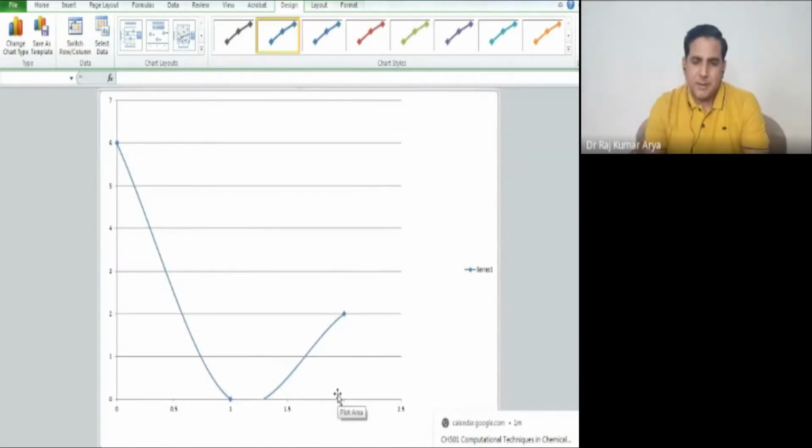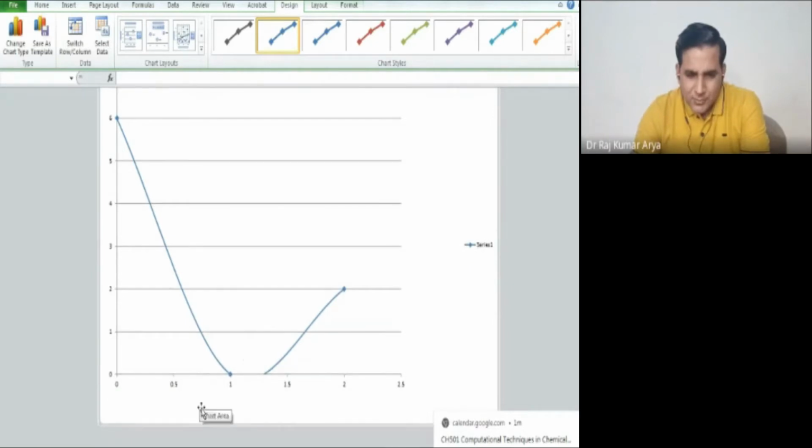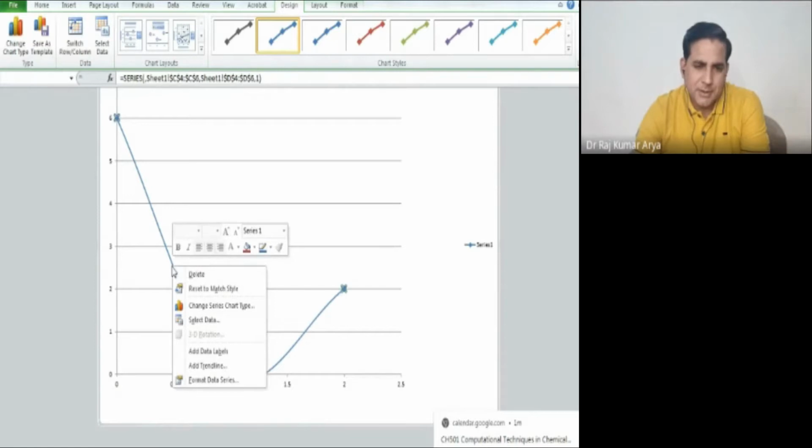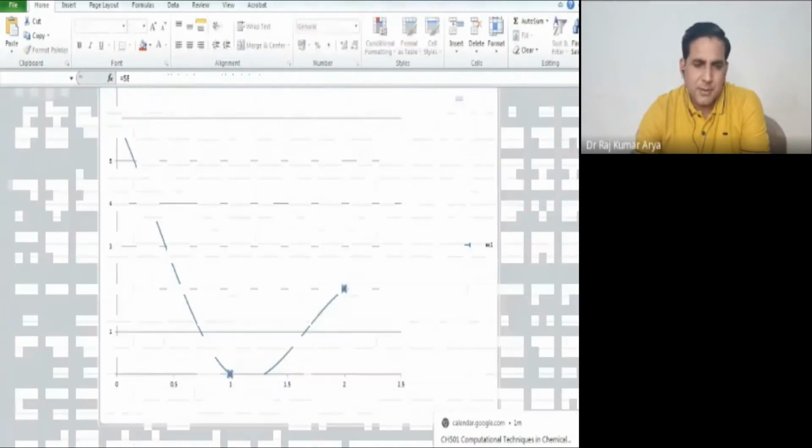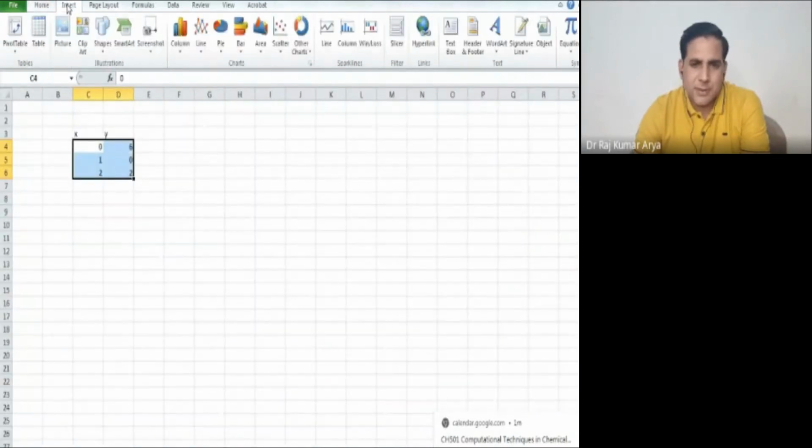Fine. If you join with a line or curve, and if you join with, let's say, a straight line graph here, you can go back again to your Excel sheet. Let's say you want to join like this way.